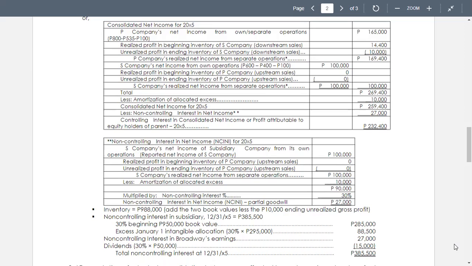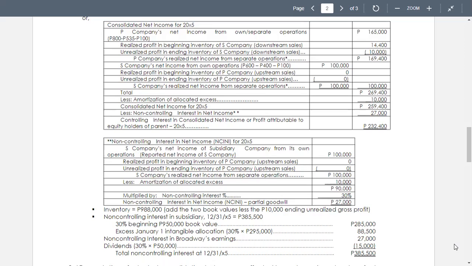If you have the book value from the beginning balance of 950,000, 30% of that belongs to the non-controlling interest. And 30% of 295,000 is equal to 88,500.